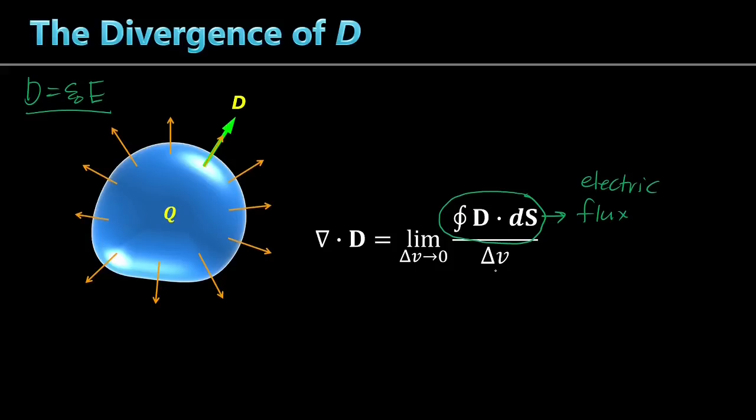So anong quantity yung electric flux per unit volume? Parang wala naman tayong alam na ganyan, di ba? However, we may recall Gauss's law. Ano ang sabi ng Gauss's law? Gauss's law tells us that the flux equals the charge enclosed. So this quantity here in the numerator is the flux.